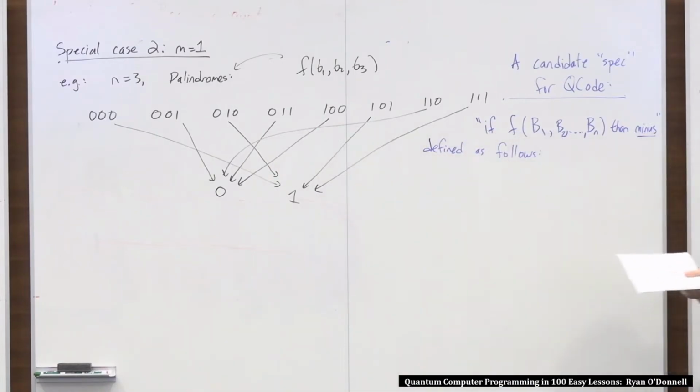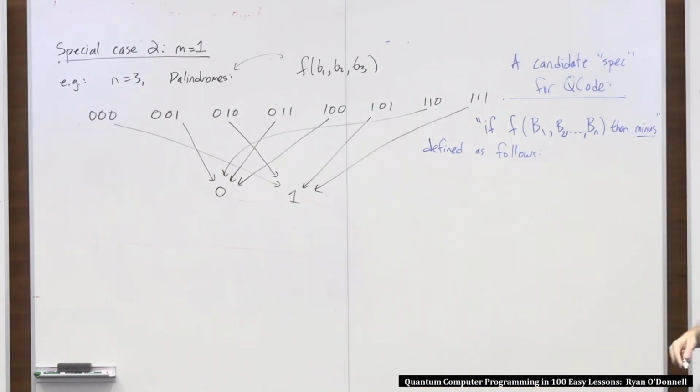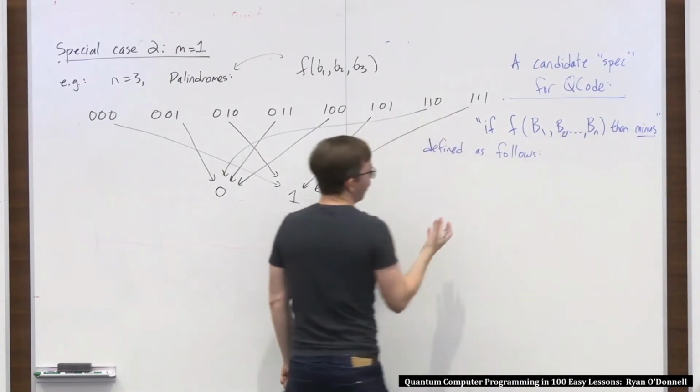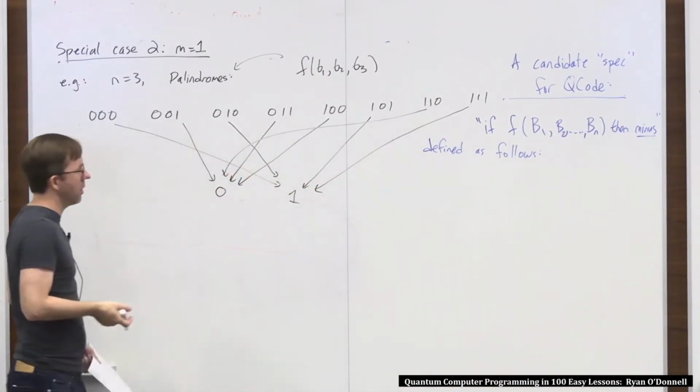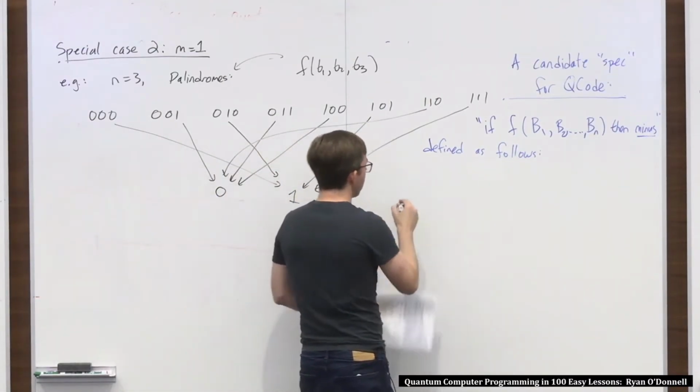Now I'm giving you the definition of a candidate quantum transformation, a candidate unitary transformation. I'll describe it in words. To describe it, like when I was describing what Hadamard does or what clockwise does, I just tell you how it's supposed to operate on all the basic states.